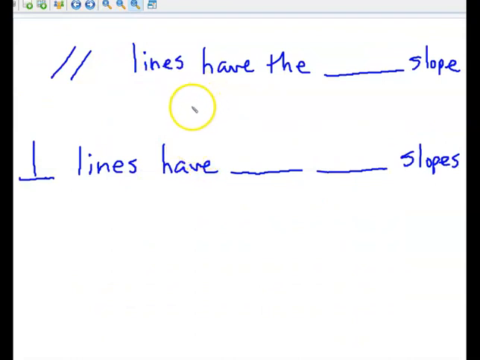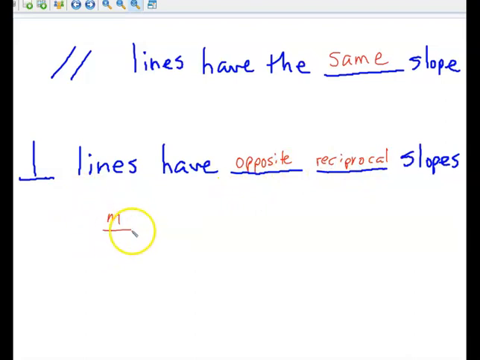Just a reminder from previous Algebra 2, probably Algebra 1, that parallel lines have the same slope and perpendicular lines have opposite reciprocal slopes. Let's touch on perpendicular for just a second.